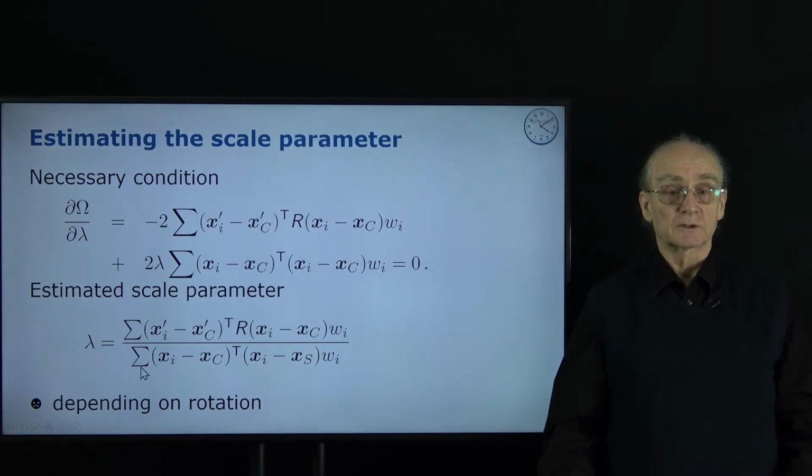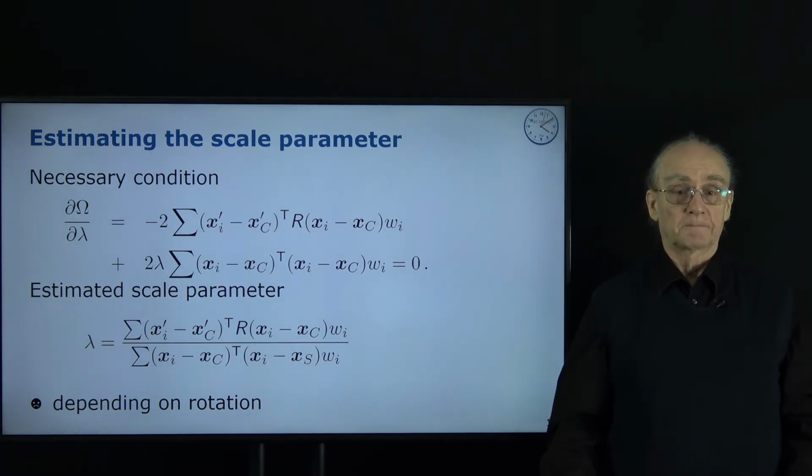So here stands the sum of the weighted squares of the distances of the given coordinates to the centroid.